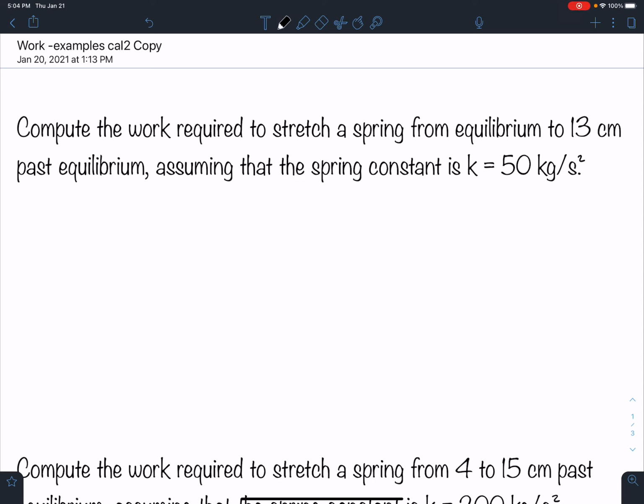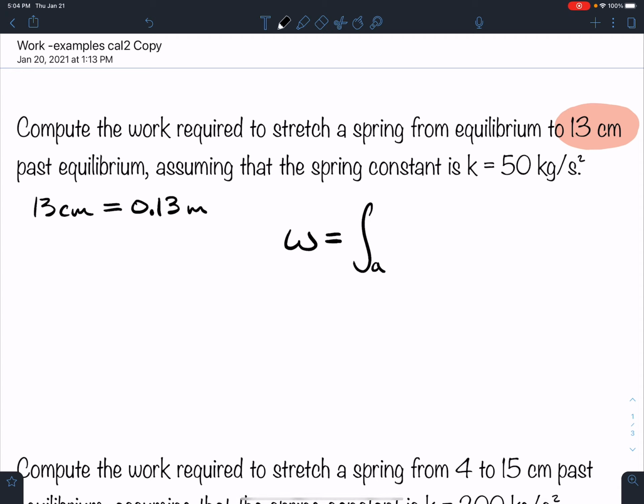First thing I want to do is convert 13 centimeters into meters, which is 0.13 meters. Then I want to use the work formula, which is the integral from a to b of kx dx.